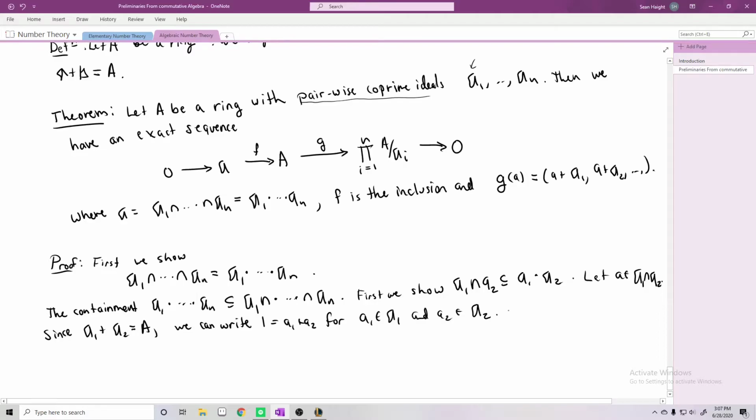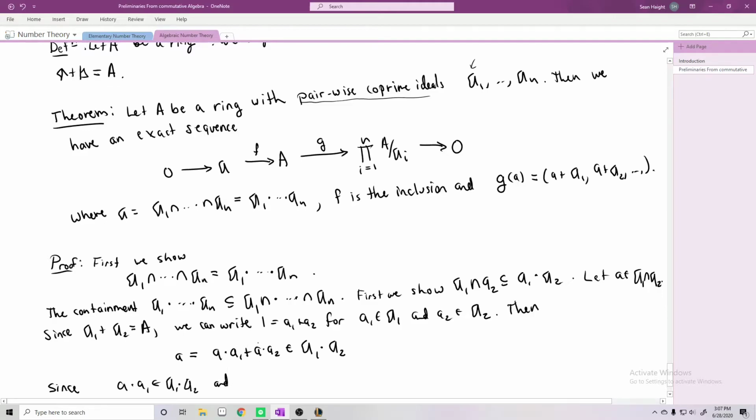Then we see that a is equal to a times 1, which is a times a1 plus a times a2, which is in the product ideal A1 times A2. Since a is in A2, a times a1 is in A1 times A2.